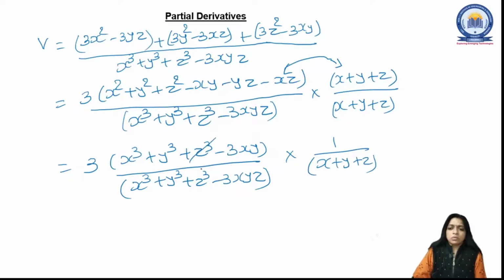Both brackets cancel out, and the value of v is 3 upon x plus y plus z.